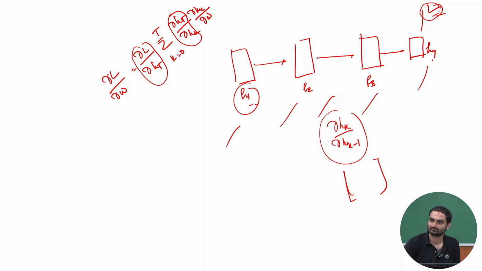This is called the vanishing gradient problem. With increasing depth of the RNN, you keep on forgetting the information that you had earlier. And if the eigenvalue is greater than 1, you get the exploding gradient problem.